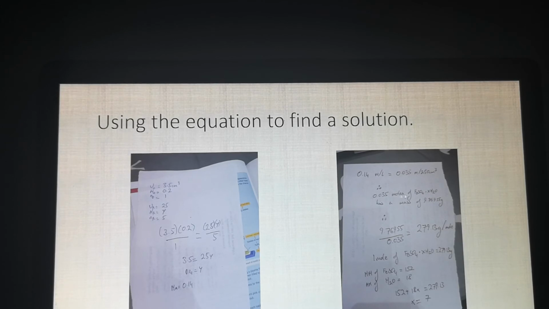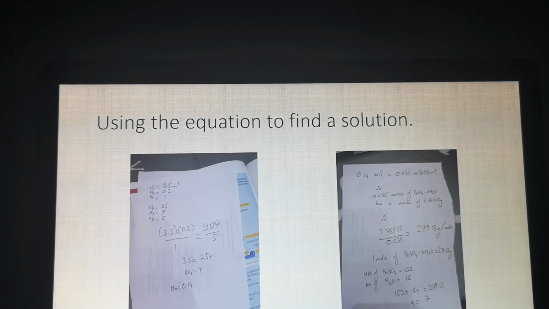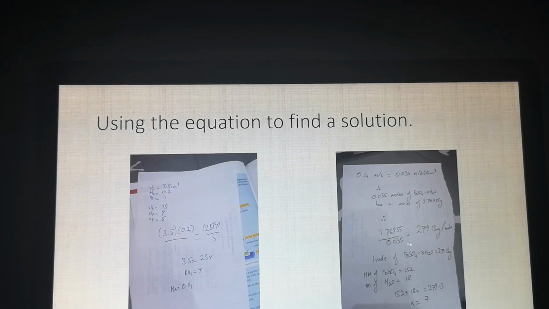So 0.035 moles of FeSO4·xH2O has a mass of 9.76955 grams. Therefore, remembering how to get from mass to moles and back again, we can divide our mass here by the moles to find out our molar mass, or the molecular mass of this molecule.